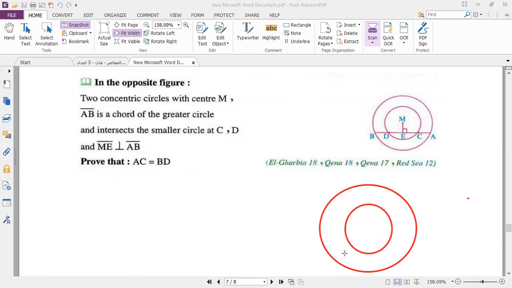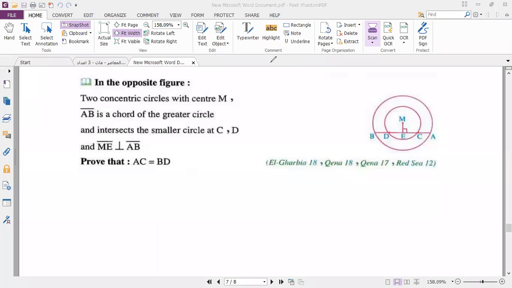And they are concentric. The meaning of concentric is that they have the same center. Let's focus on the small circle. Here in the small circle, we have a line passing through the center of the circle and perpendicular to this chord.